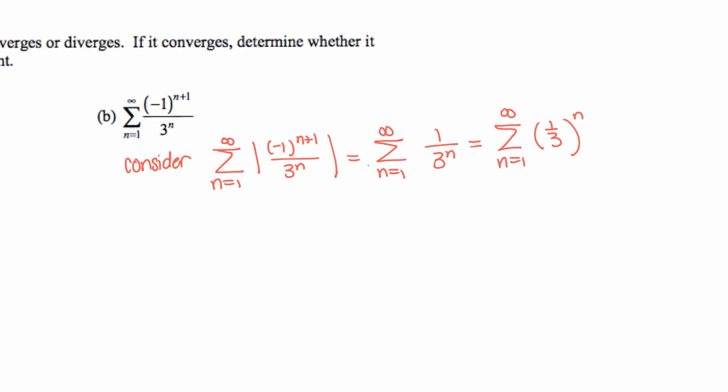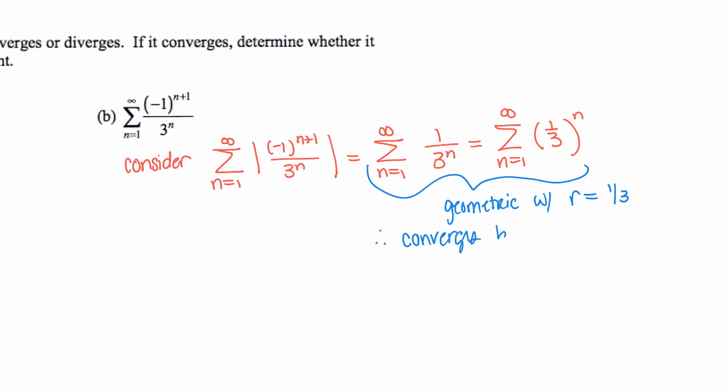And I recognize both of these as geometric with a common ratio of 1/3. And since 1/3 is less than 1, I know that this series converges by geometric series.